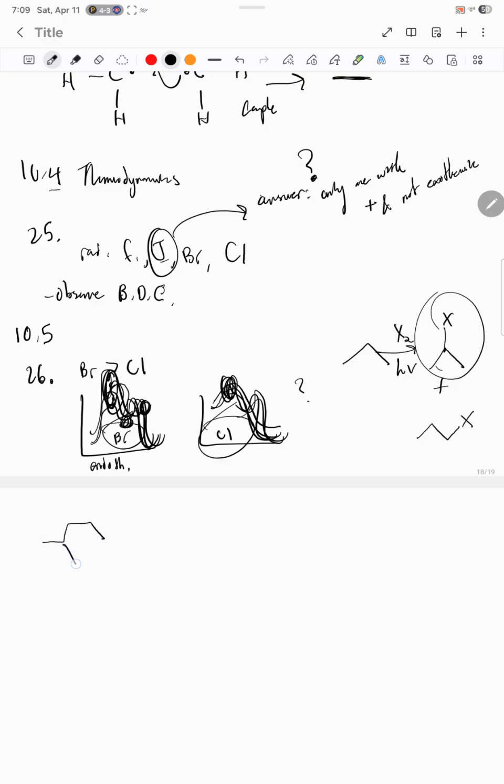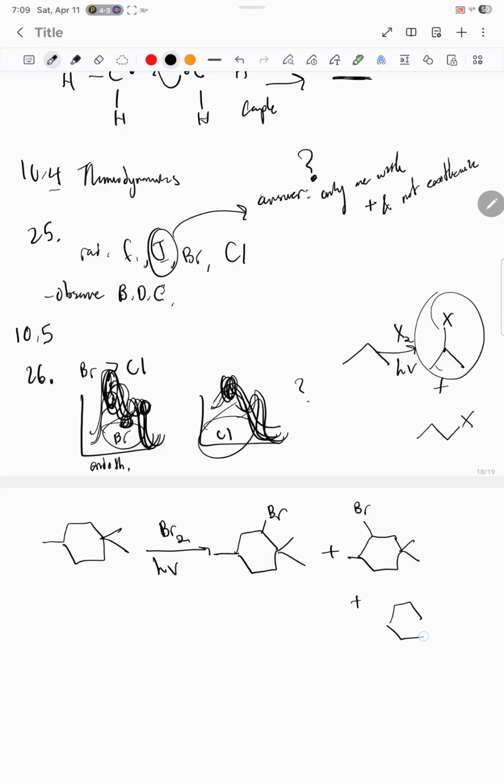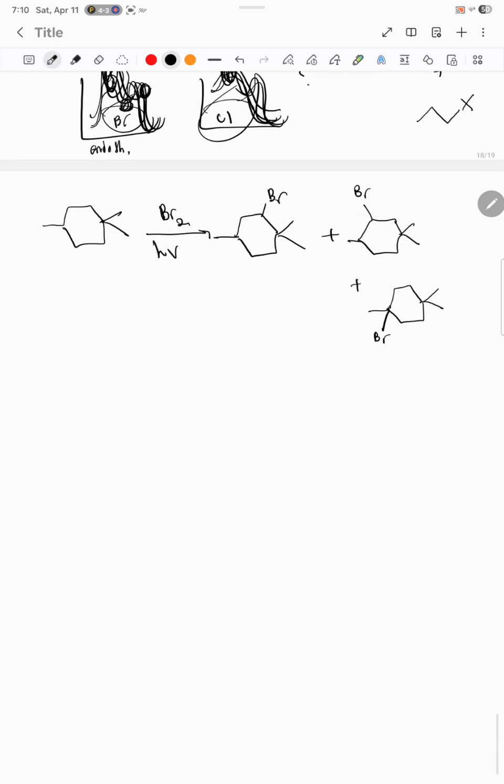If we had this molecule and brominated it with radical bromination, outcomes could look like this. We can have bromine here, bromine here, and bromine here.